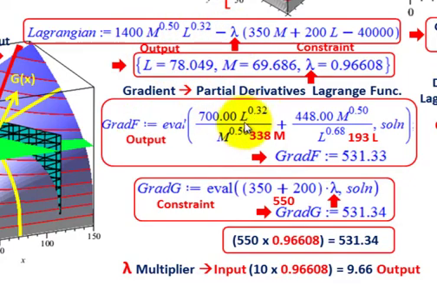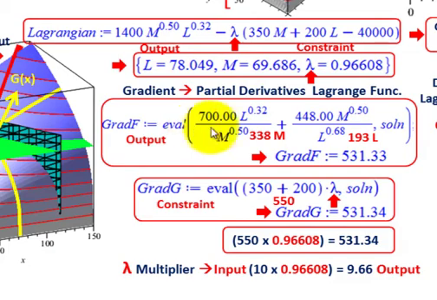All right, so we've got some material here. All I did is take the solution, substitute it into the gradient that we have here, and evaluate it. So for the partial derivative in terms of our material, when I plugged in these numbers, 78 for L and 69 for M, I get 338.